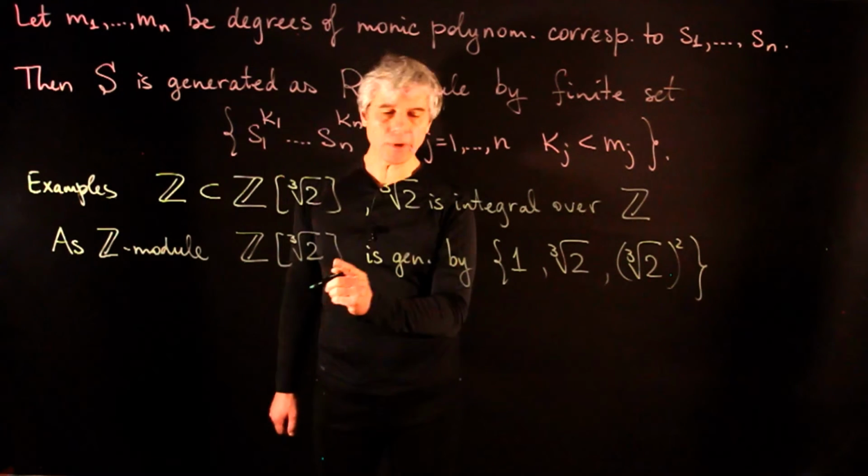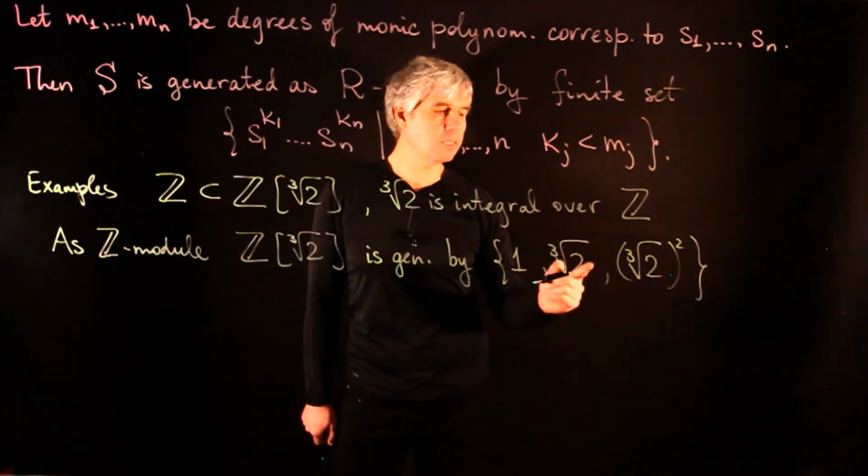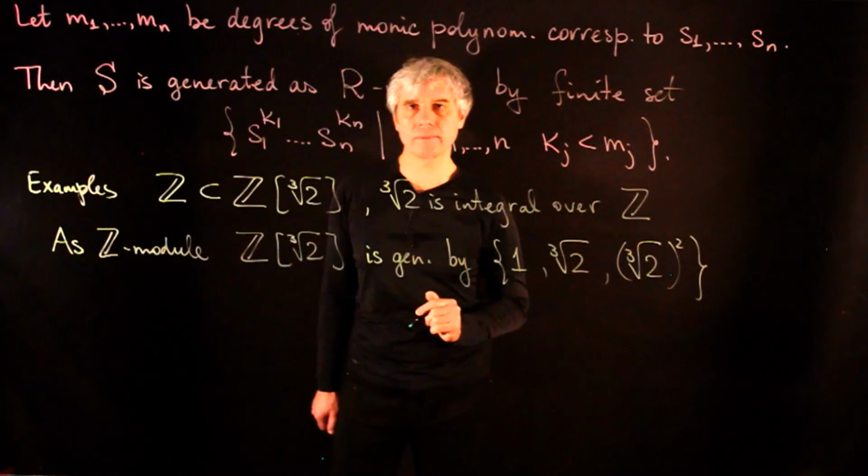Every element of this ring is an integral linear combination of these three elements.